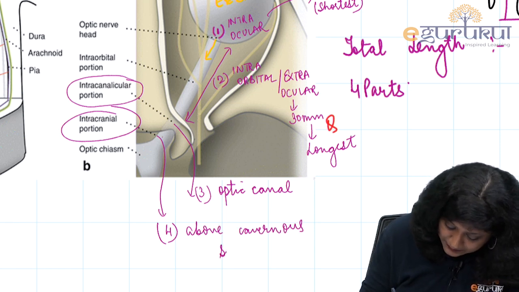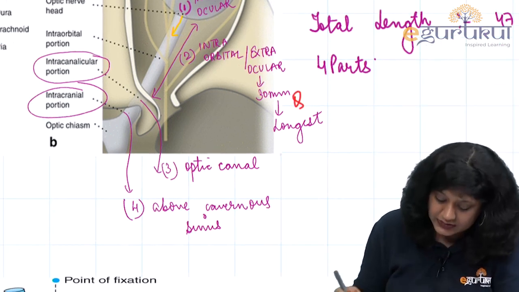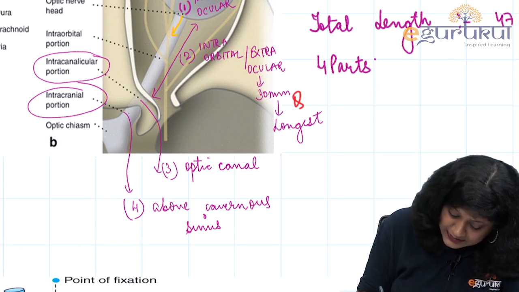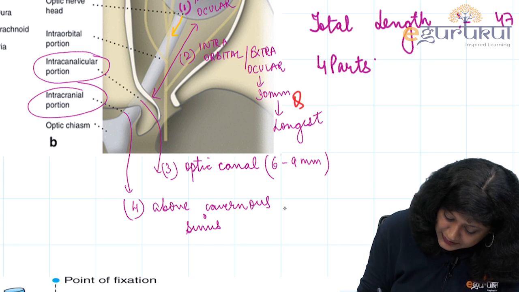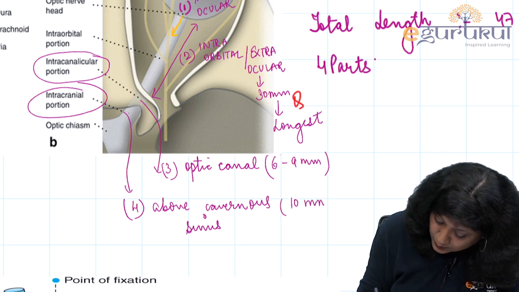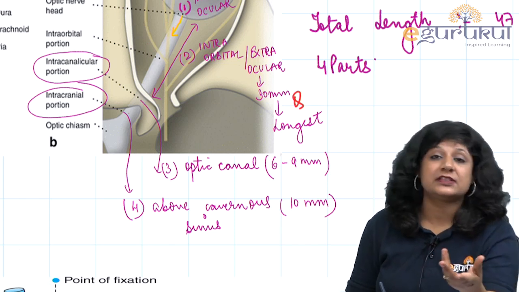The lengths of these parts are 6 to 9 mm and 10 mm. So an important thing is that the optic nerve is not passing through the cavernous sinus.